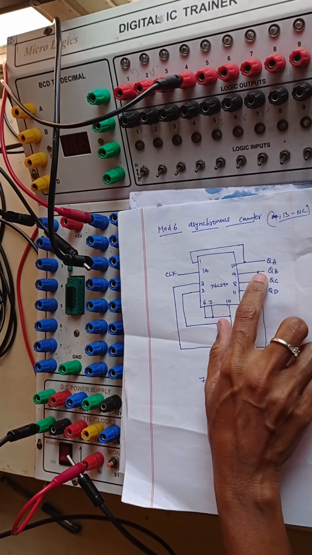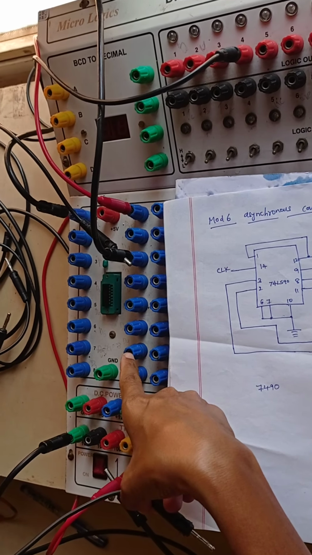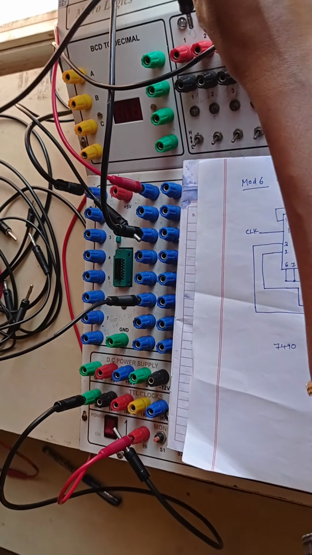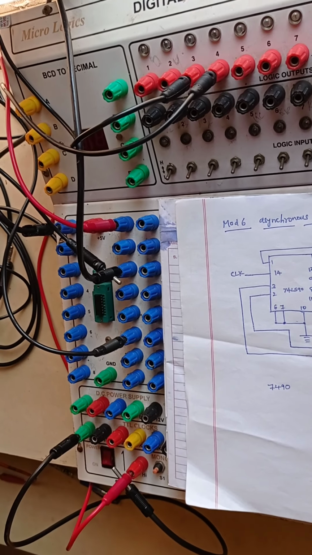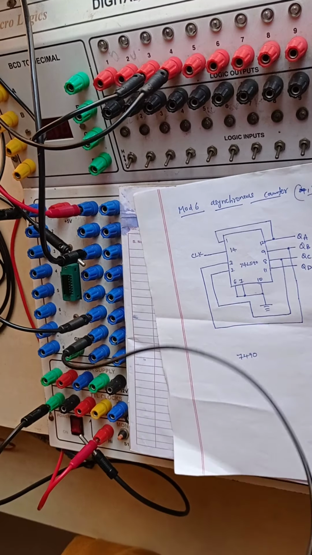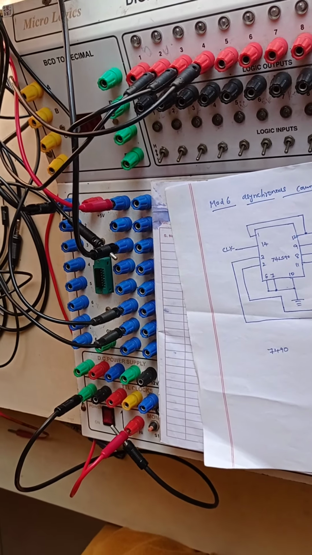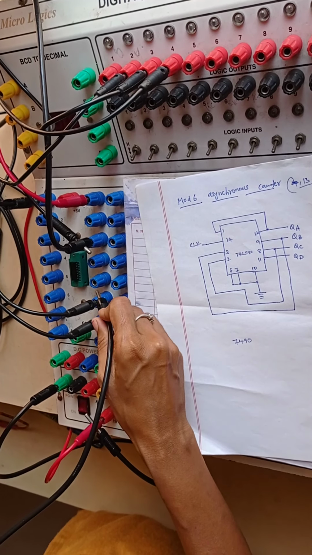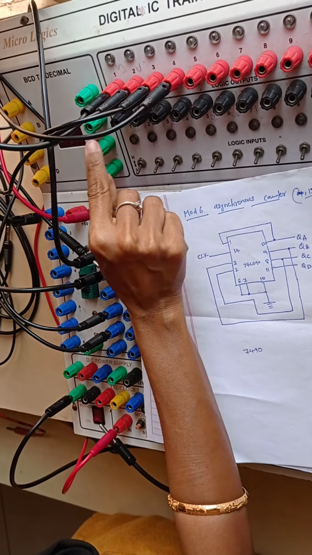This QB is connected from the 9th pin. 8, 9. 9th pin is connected as QB. Next, 8th pin is connected as QC. 11th pin is connected as QD. 8, 9, 10, 11th pin. Okay, these are all the outputs.